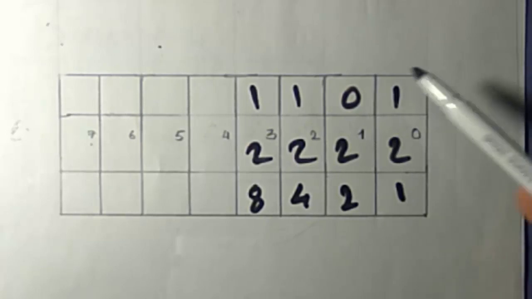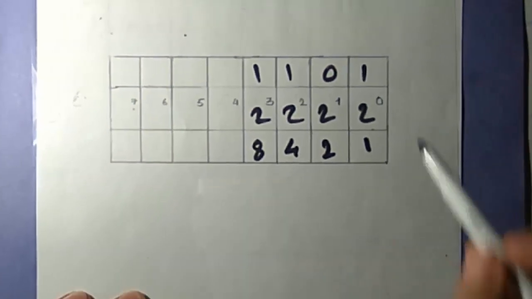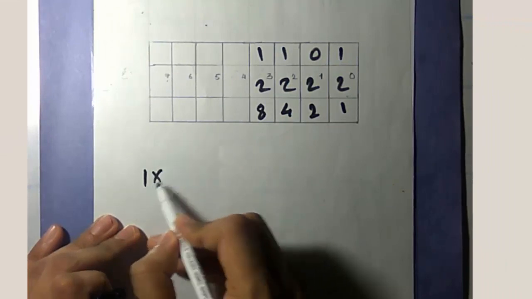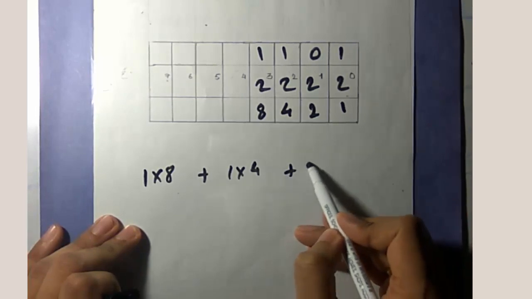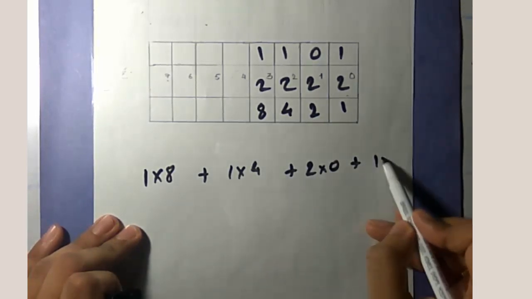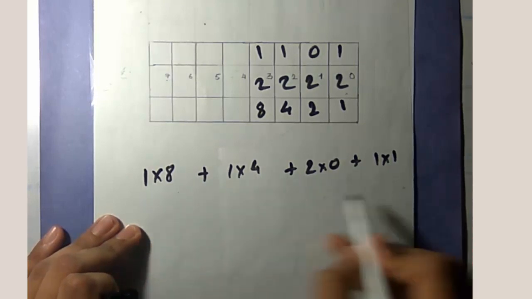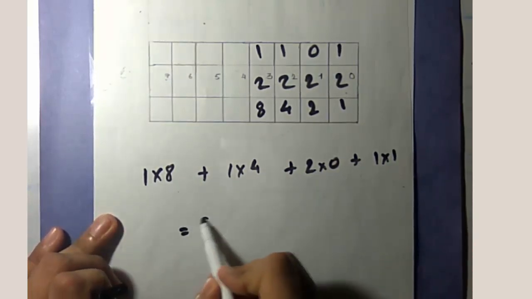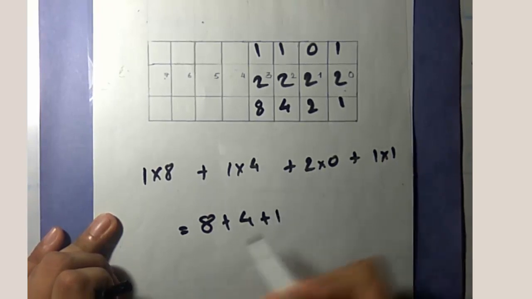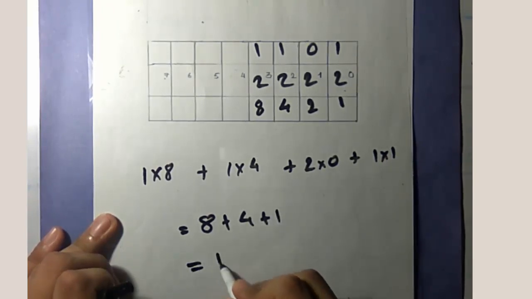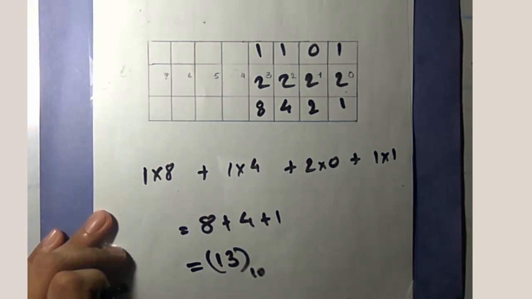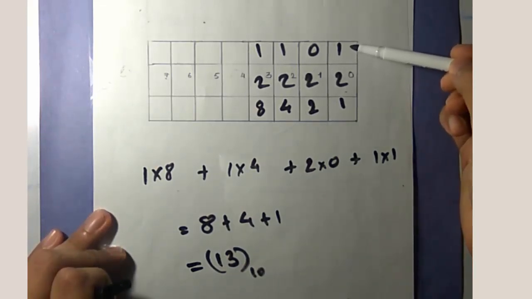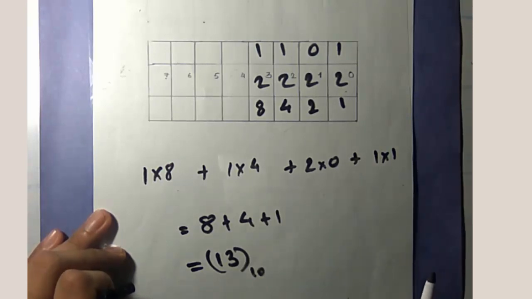Okay, so what this value represents is 1 into 8 plus 1 into 4 plus 0 into 2 plus 1 into 1. If we add this value, we get 8 plus 4 plus 1, which is 13. So 1101 is nothing but number 13 in decimal. This is how we calculate or convert binary number into decimal number.